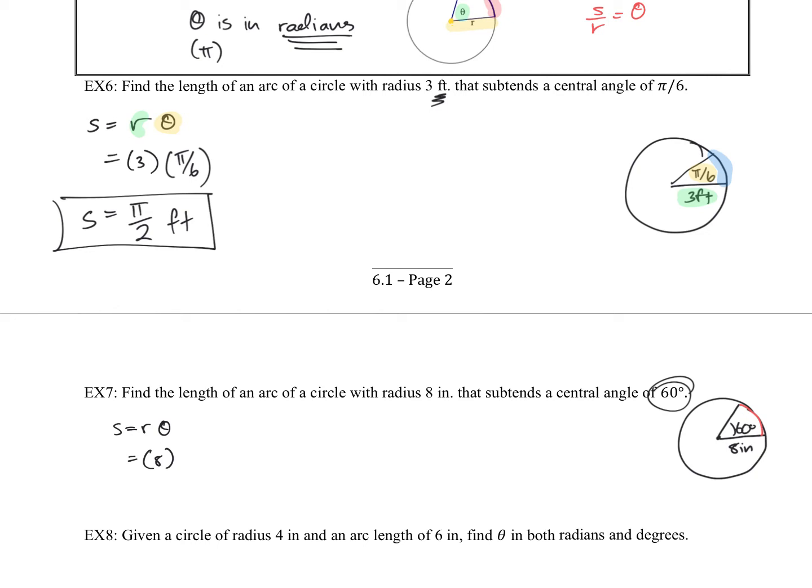So how do we change 60 degrees to radians? Well, we can use the formula. That'll be 60 times pi divided by 180. So this is changing to get radians.